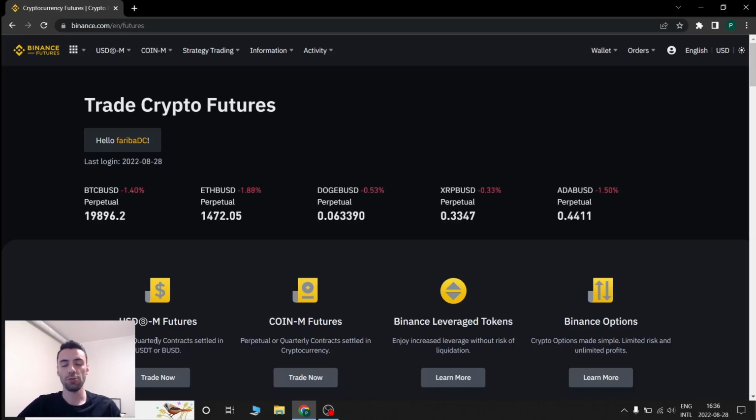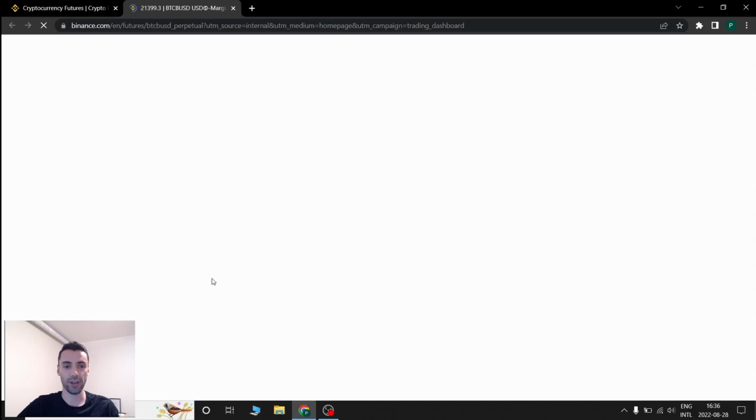On USDM futures, you increase your stablecoin, your USDT, by trading. In coin-M, you increase your coins. For example, if you open a position based on Bitcoin, you gain Bitcoin if you go into profit. But in USDM futures, you increase your stablecoin, which is the part we are going to talk about, USDM futures.